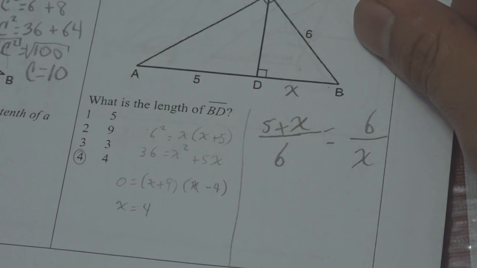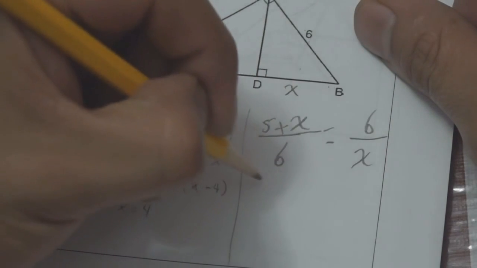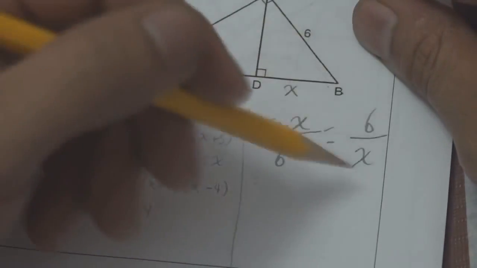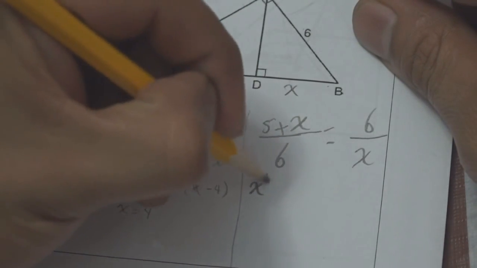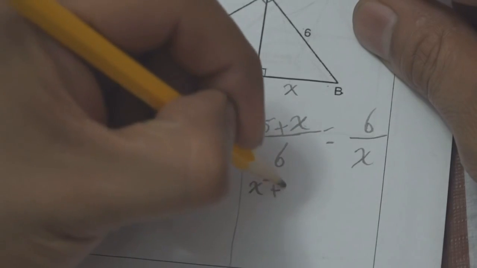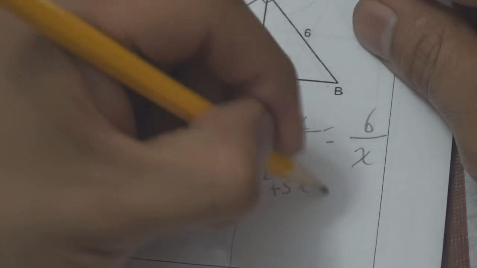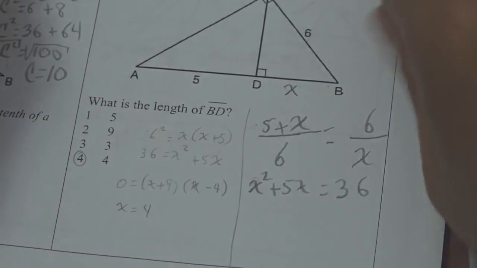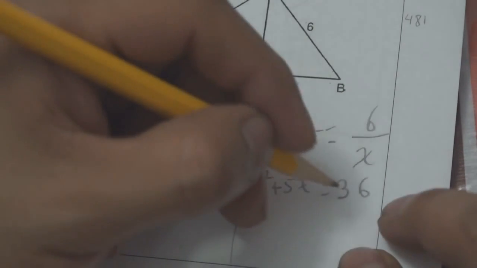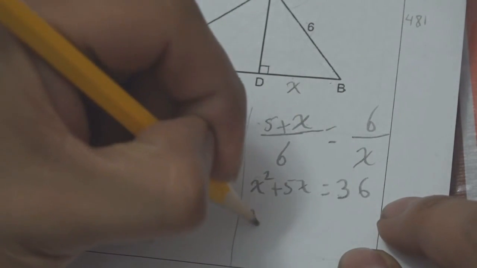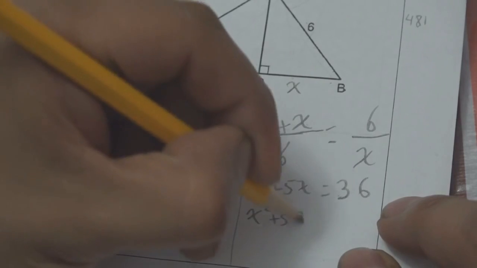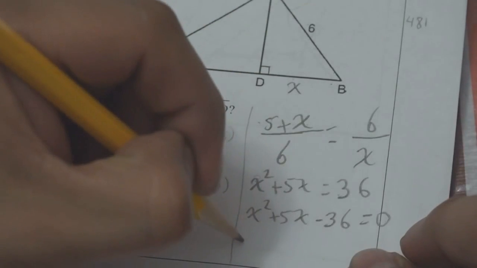So I get x squared, because x times x is x squared, plus 5x, equaling 36. Now this is a quadratic equation, so I have to equal it to 0, so I'm gonna subtract 36. Now it's equal to 0, so I'm gonna factor.